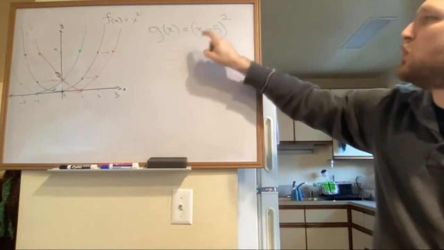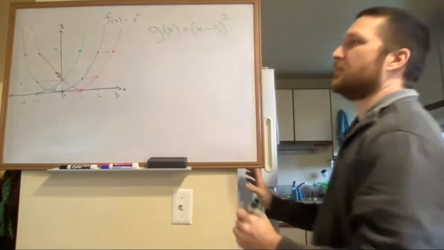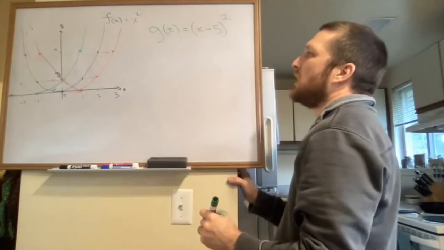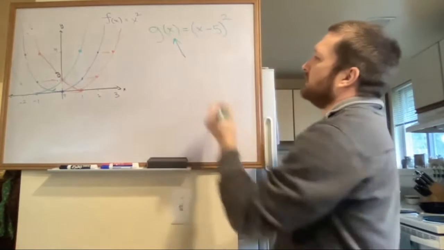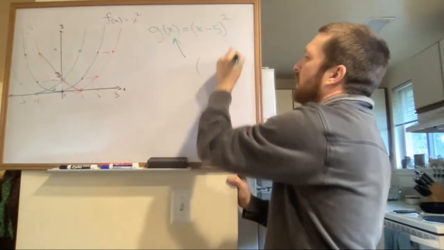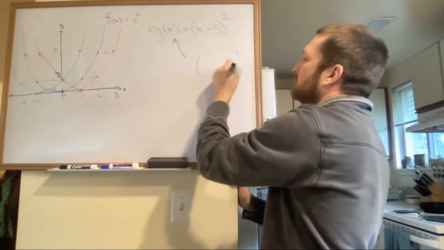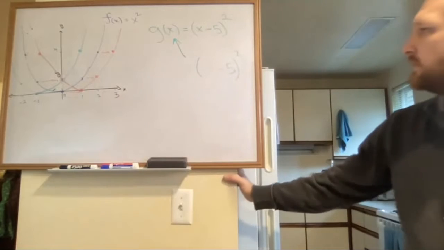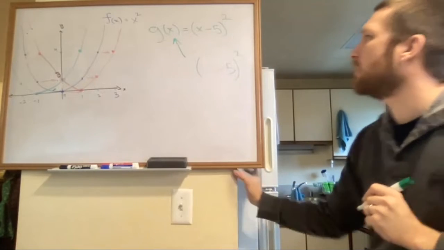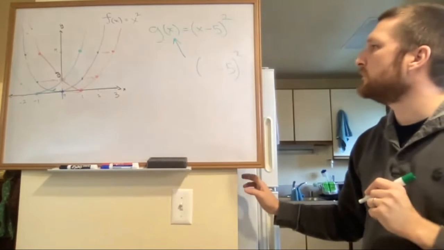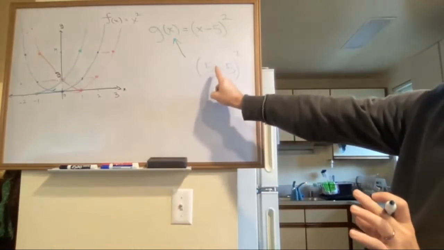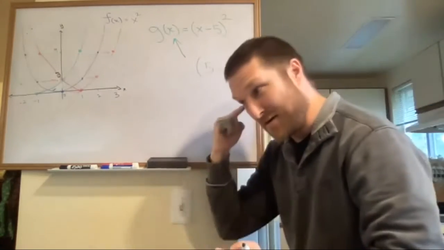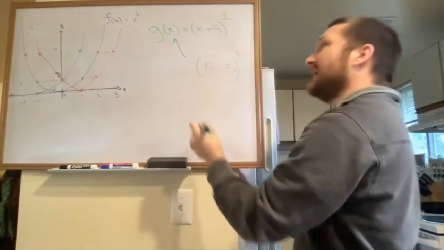So what value of x gives me a 0 right there? Five.